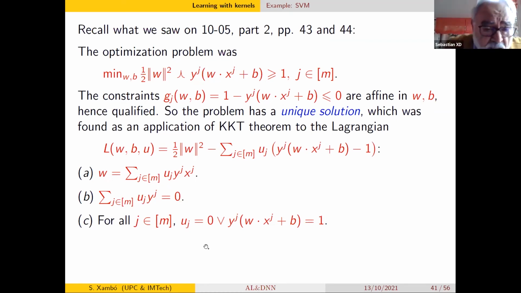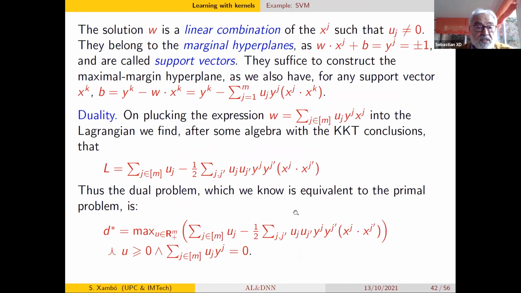And finally, we had the slack or complementary conditions, which said that for all j, either uj is 0 or the other condition is 1. This means that if uj is not 0, then you are on the limit planes, the margin hyperplanes. So the conclusion is that W is a linear combination of the xj such that uj is non-zero.